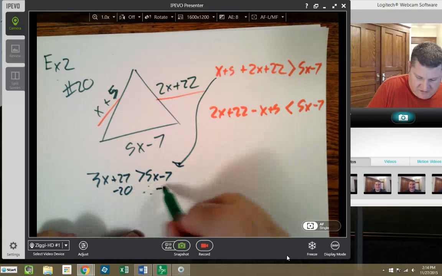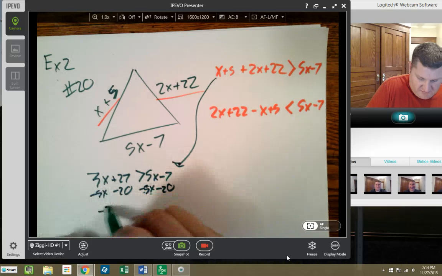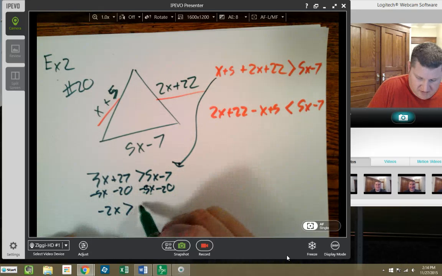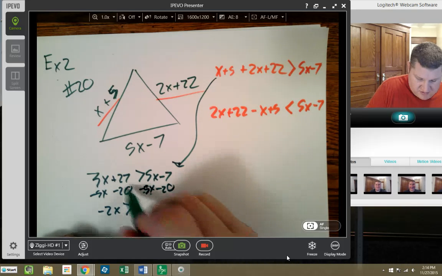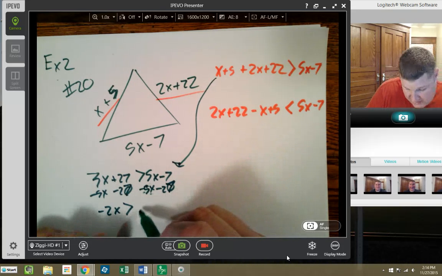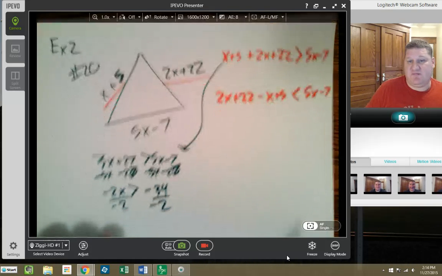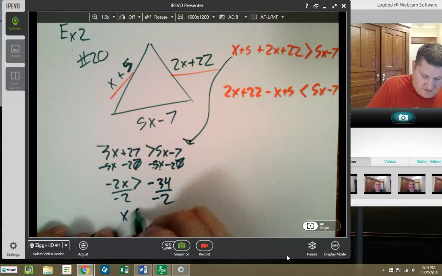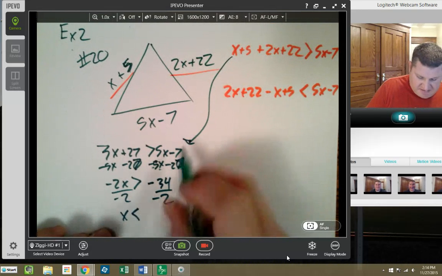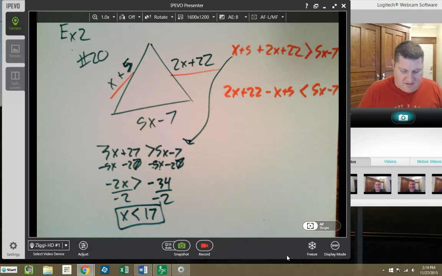Subtract 20, subtract 5x, negative 2x is greater than negative 34. Divide both sides by negative 2. Now, of course, anytime you divide by a negative, you must switch the sign. So x has to be less than 17. X has to be less than 17.